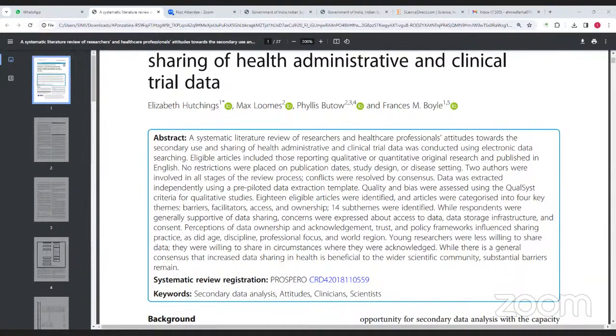Young researchers were less willing to share data. They were willing to share in circumstances where they were acknowledged. While there is a general consensus that increased data sharing in health is beneficial to the wider scientific community, substantial barriers remain.